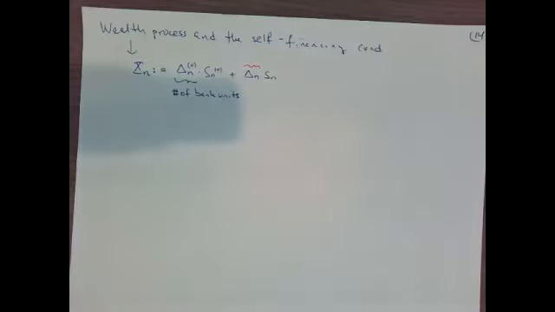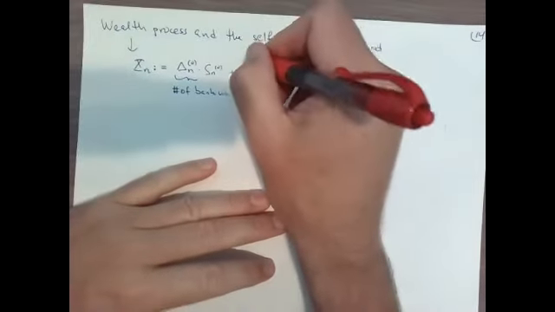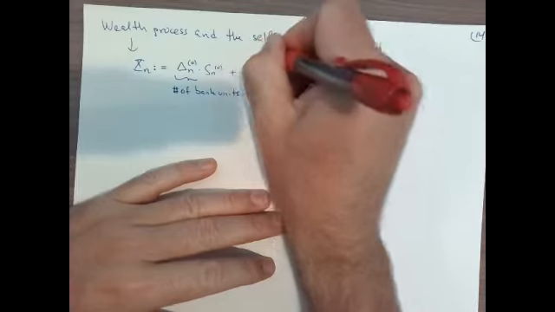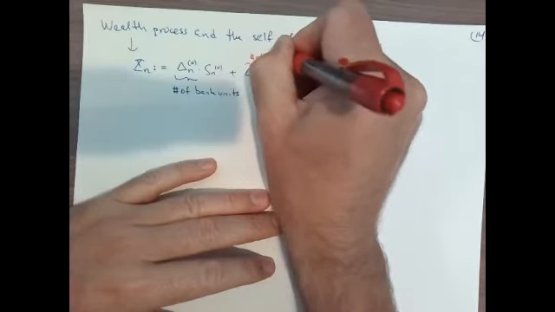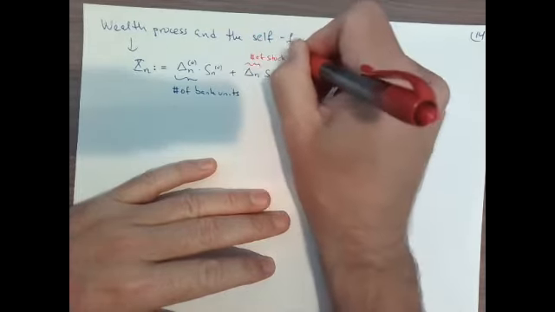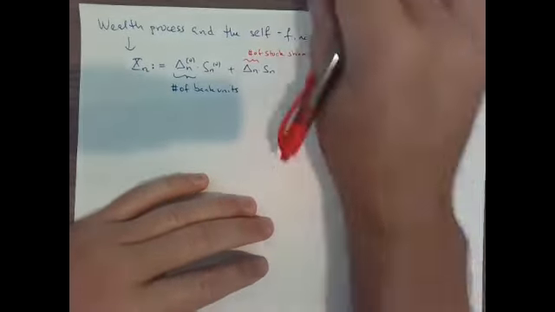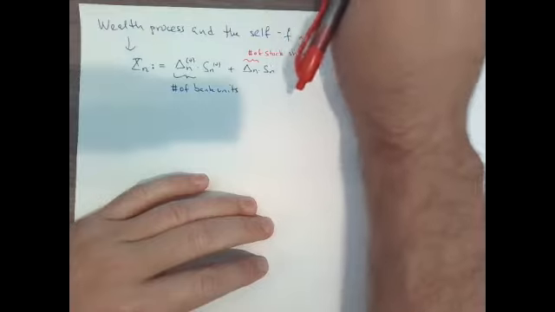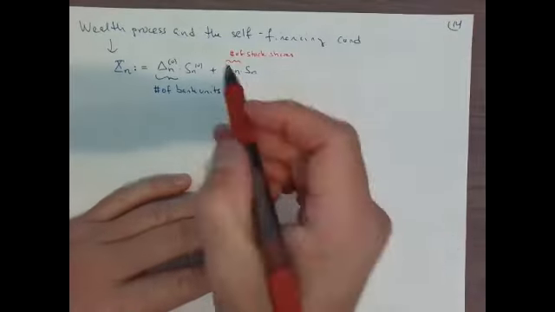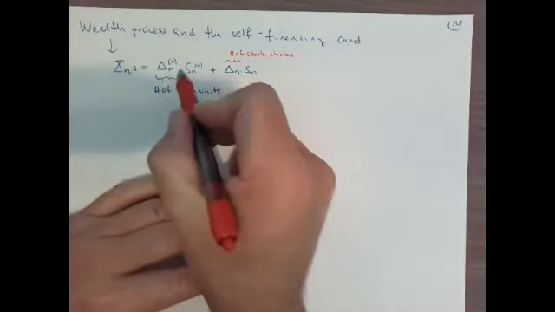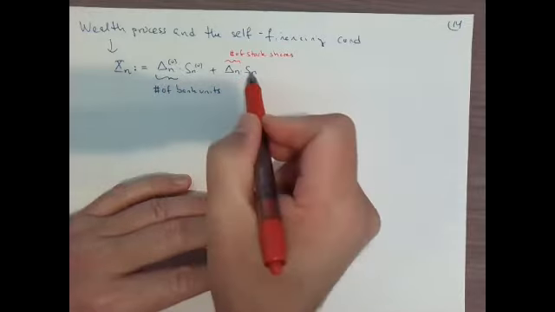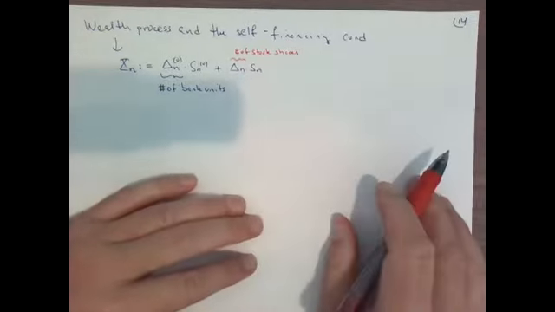This quantity here is the number of stocks, stock shares. So we take the respective numbers, multiply onto the prices, add them up, and it's going to give you the wealth.